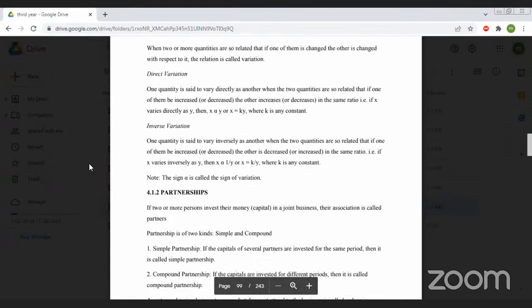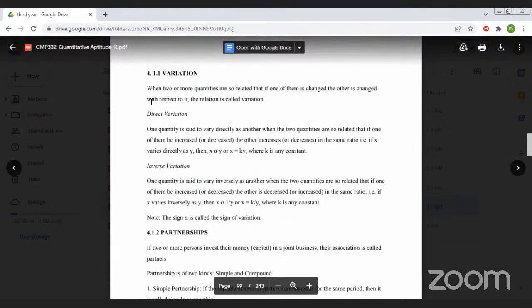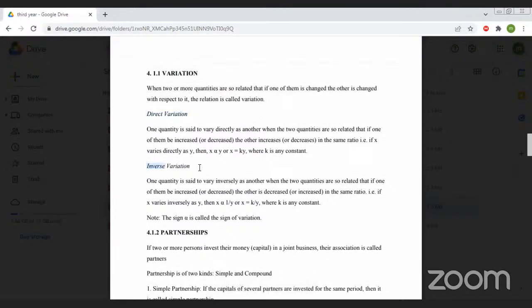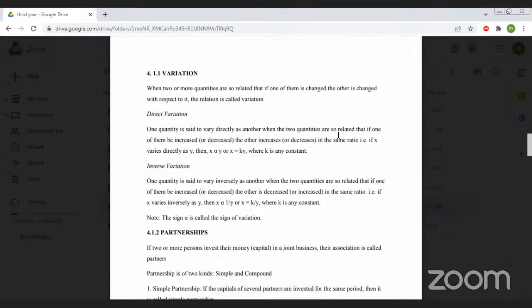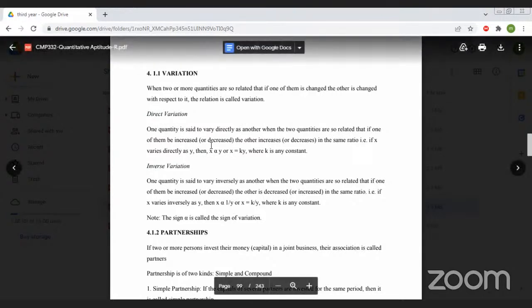Now variation. Variation is of two types: direct variation and inverse variation. One quantity is said to vary directly as another when the quantities are so related that if one of them is increased, the other increases in the same ratio.